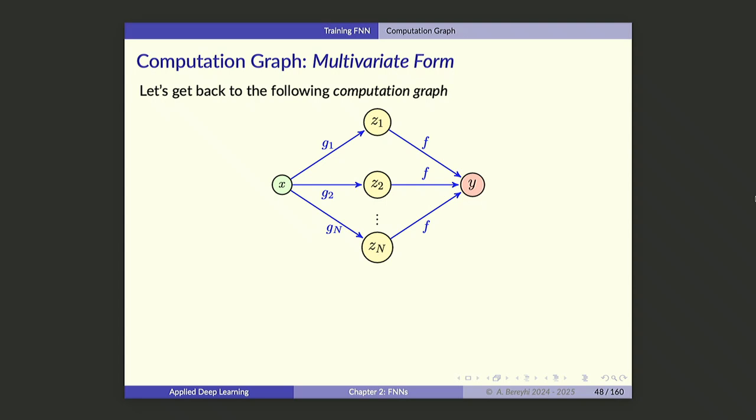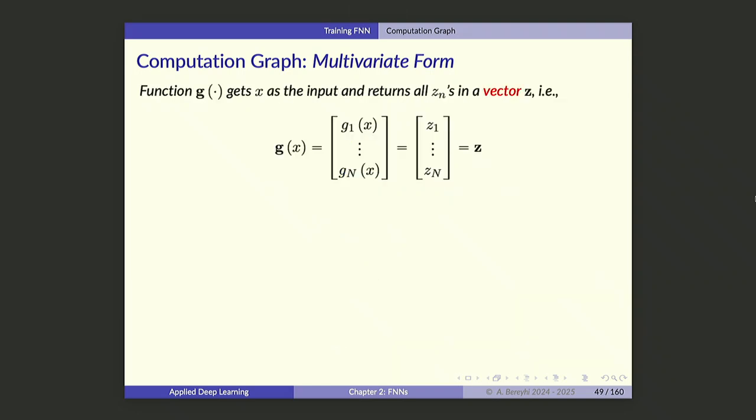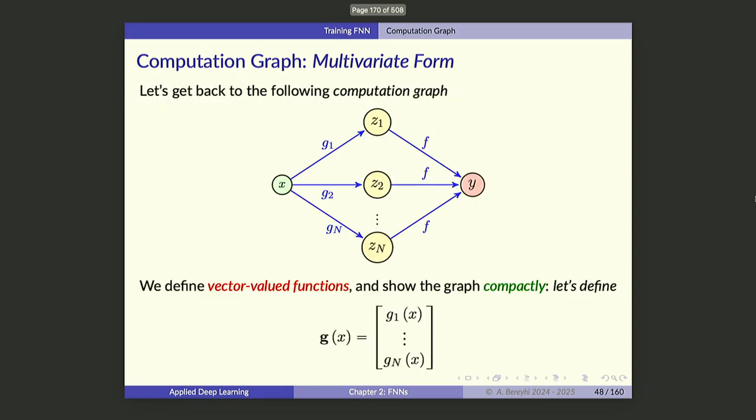We had these different z values in between, and our x was passed through all of those functions to get z, and then those variables z were specifying y. So one thing that I can do is represent these whole links between x and z in the form of a vector, and call this vector z. My vector z contains z1, z2 till zn.